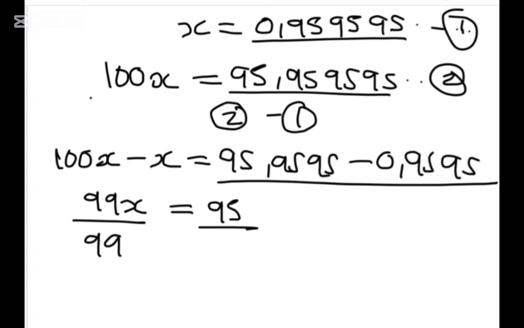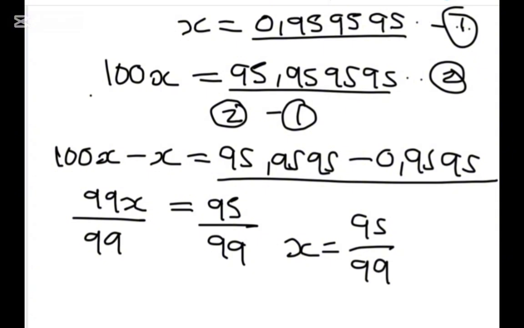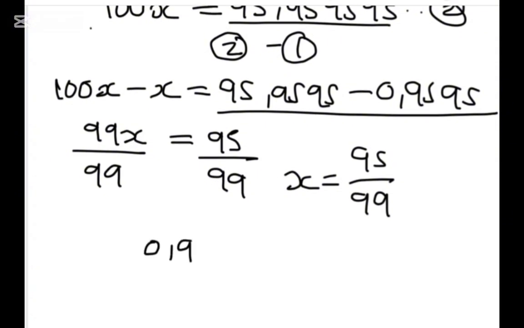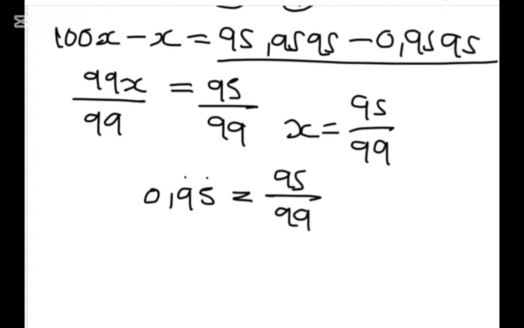Divide both sides by 99, and x is equal to 95 over 99. In other words, the recurring decimal 0.95 can be written as the fraction 95 over 99. Let's do one more example.